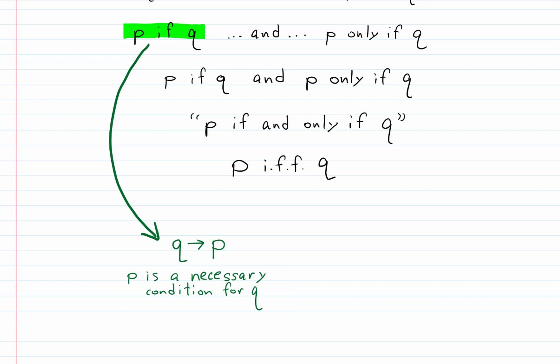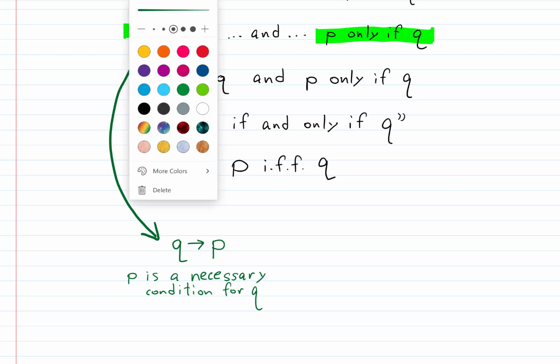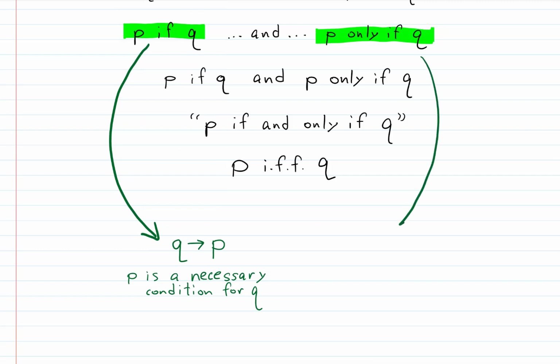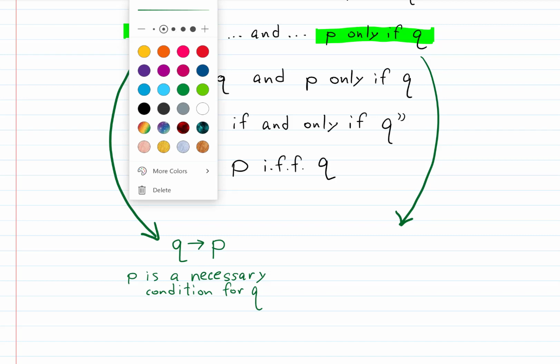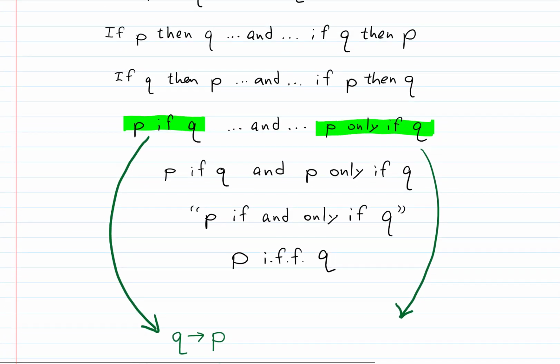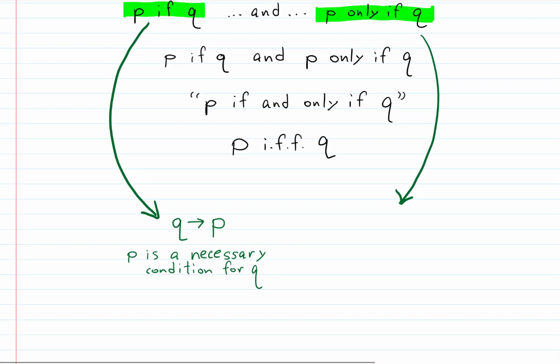All right? Now let's look at this one. Okay, so that was coming from, if you remember, if P, then Q. So in other words, P implies Q. But let's look up at the words that I highlighted. It says P only if Q. That means that P can only be true if Q is also true.